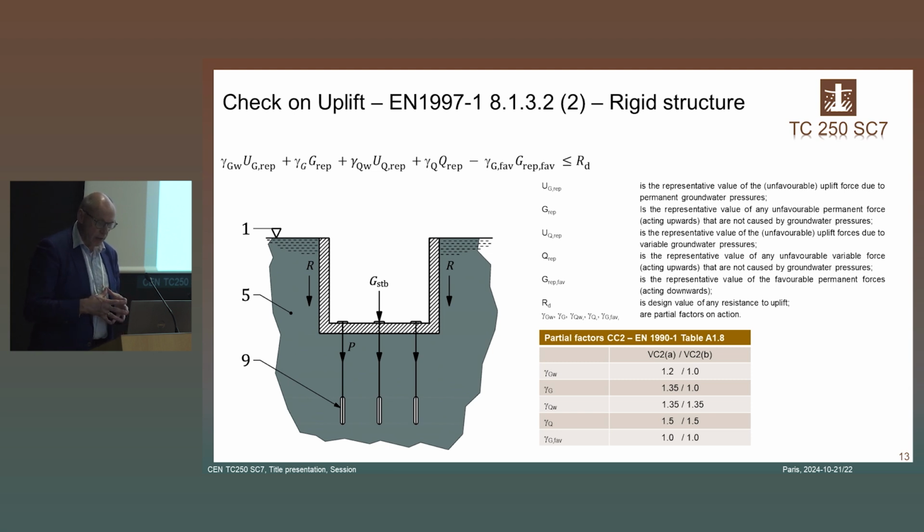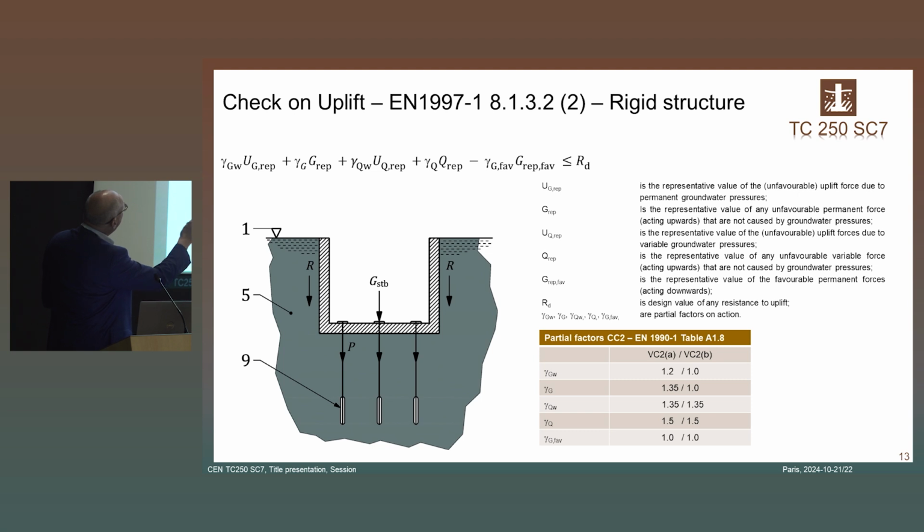There are two ways of dealing with uplift. One is, for instance, a caisson with tension anchors underneath, and the equation is the representative force, the uplift force, plus another uplift static force, plus a water force due to variation, and a variable uplift force.